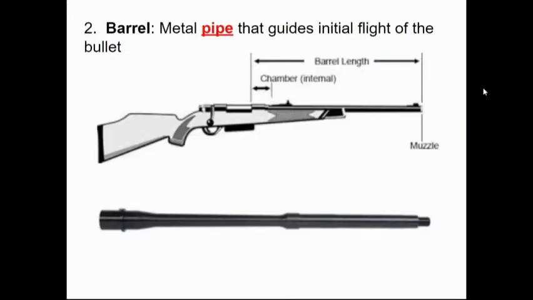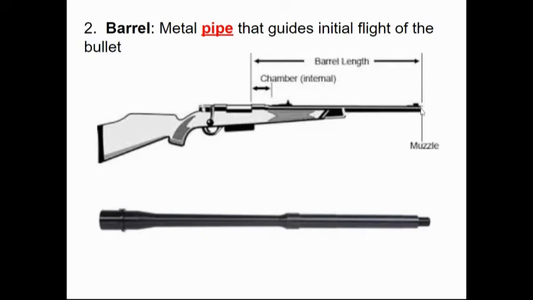Next, the barrel is pretty straightforward. It's generally a metal pipe, although it doesn't have to be metal. There can be other materials. It's going to guide the initial flight of the bullet. In other words, the bullet is going to travel internally through this length until it leaves. That's going to be really the internal ballistics.